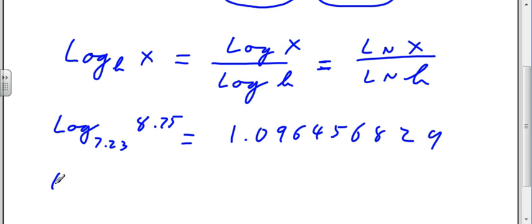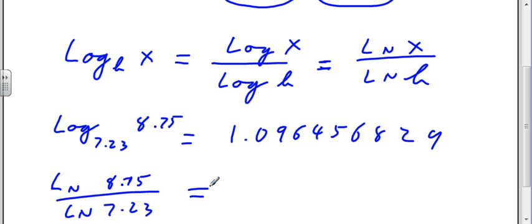And if I take the natural log of 8.75 divided by the natural log of 7.23, I end up with 1.0964568829, the same number. Now, I don't remember why that's the case, and I apologize for that.